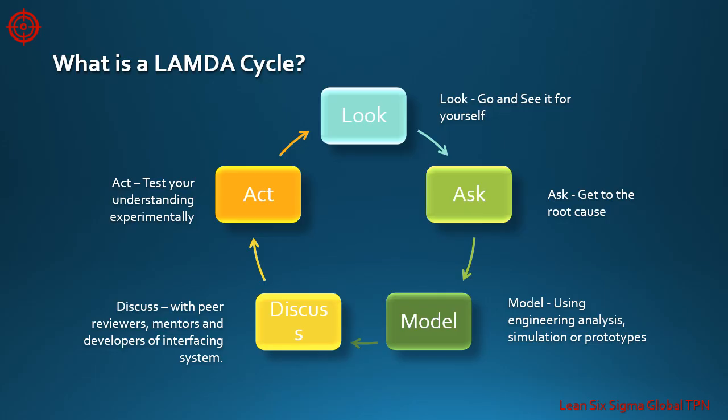When you go look, you should be asking questions of people involved, or capturing what you see and learn in visual models, which you should then discuss with the people involved to validate those visual models. Whenever you are in a meeting or other collaborative discussion or learning situation, you should be checking that you are doing all 5 elements of LAMDA.